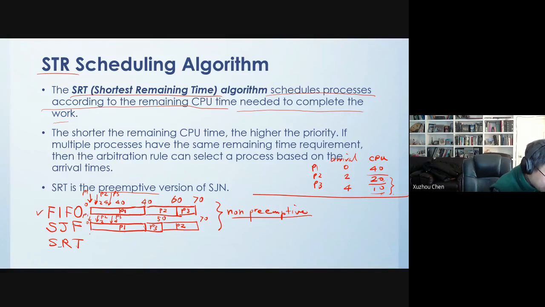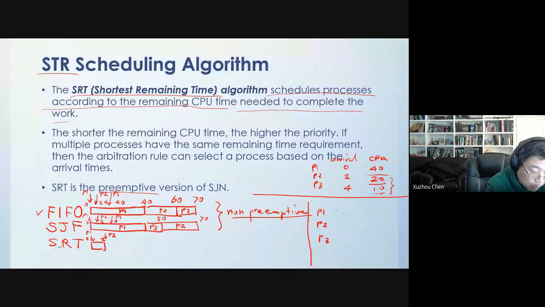Process 1 arrives at time 0, so process 1 starts to execute. And then at time 2, process 2 arrives. Remember, it's preemptive. So now you have process 1, which is currently in the CPU, and process 2, which is waiting for the CPU, and we need to figure out who's going to take the CPU.